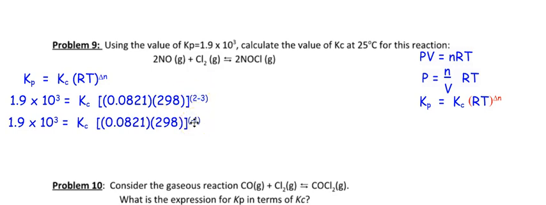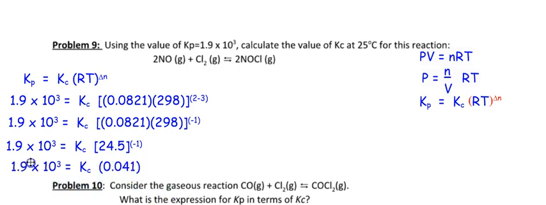You have your calculators. Hey, what's 0.0821 times 298? Go ahead and do that. Okay, what'd you get? This is what I got. I got 24.5 to the -1. So what is 1 divided by 24.5? I got 0.041.